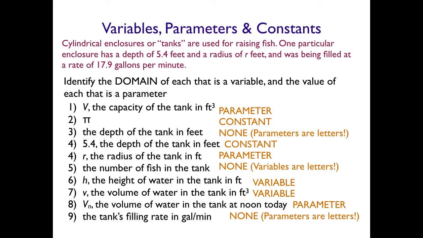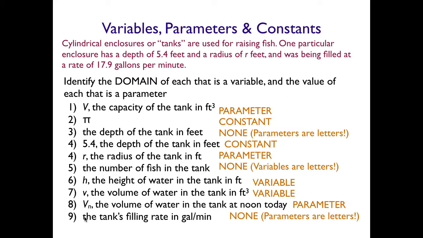How come 5.4 is listed as a constant, but then the tank's filling rate isn't? So 5.4 is a constant. Number 9, if I called it a symbol, or if I wrote the number 17.9 there. So if I wrote 17.9, the tank's filling rate in gallons per minute, that would be a constant. These things that don't have symbols, numbers 3, 5, and 9, that don't have a symbol to go with them.